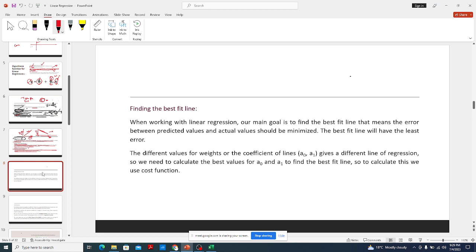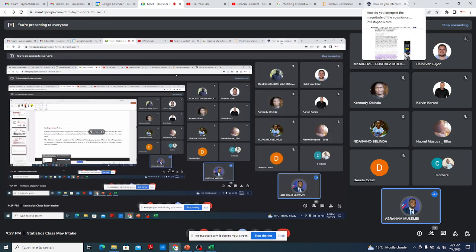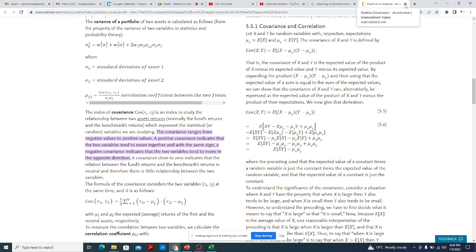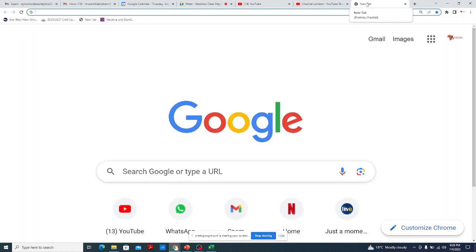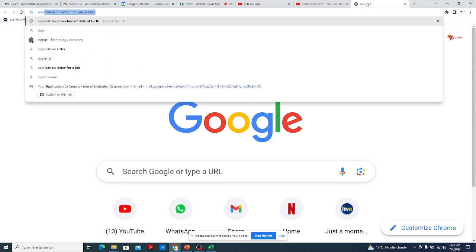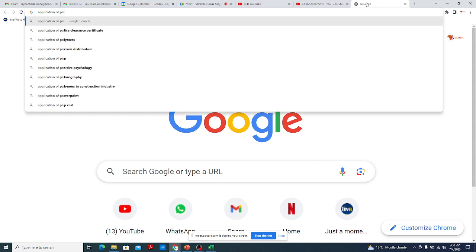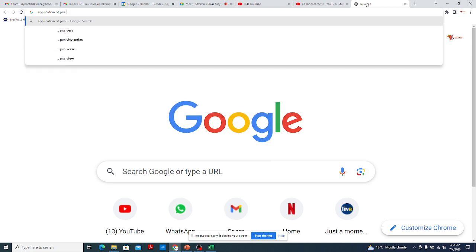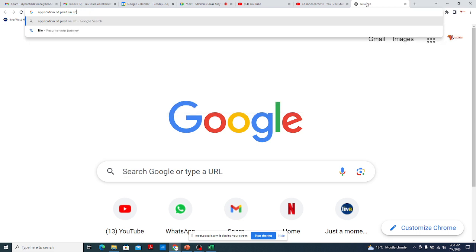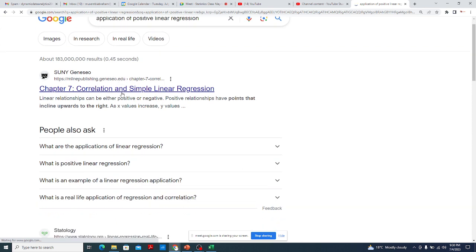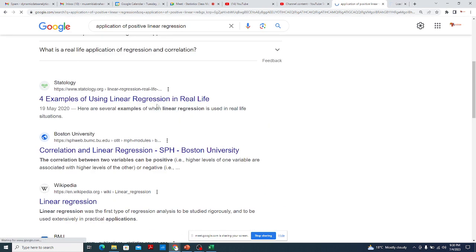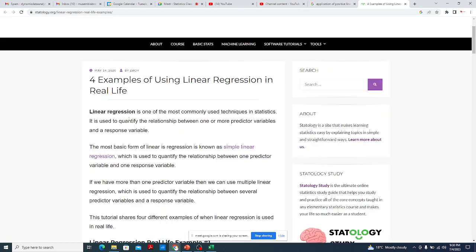Okay, so we have an example. There is always an example, in fact a health-related example I want to give you, an application of positive linear regression, with real-world examples.